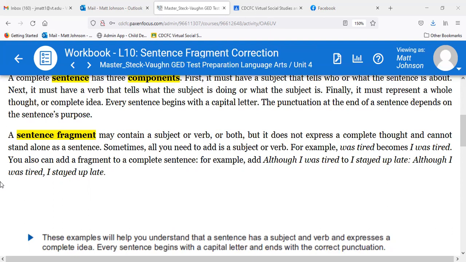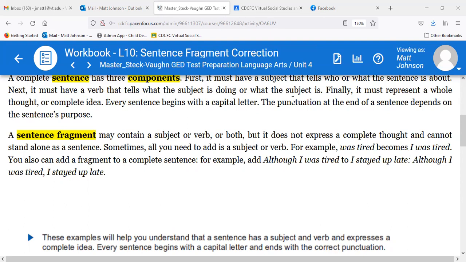Sometimes all you need to add is a subject or verb. For example, "was tired" becomes "I was tired." You also can add a fragment to a complete sentence. For example, add "although I was tired" to "I stayed up late." And you get "although I was tired, I stayed up late."